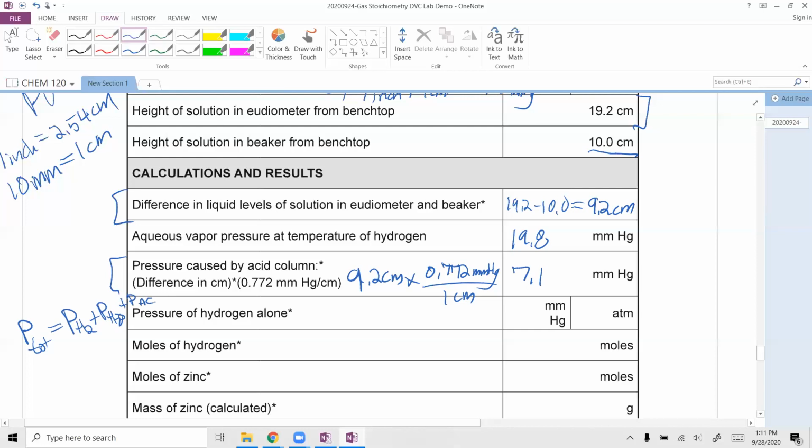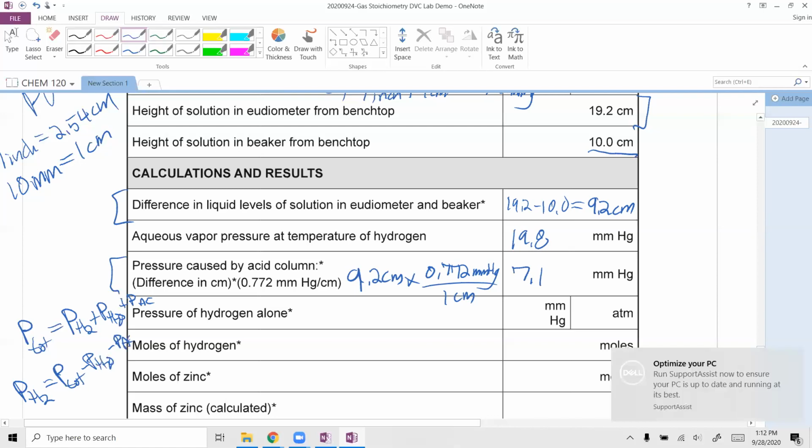So what we want to do is take this total barometric pressure in millimeters of mercury, and reuse that to find our pressure of our hydrogen alone. So we're really finding the pressure of the hydrogen as being our P total minus the pressure of our water vapor minus the pressure of our acid column.